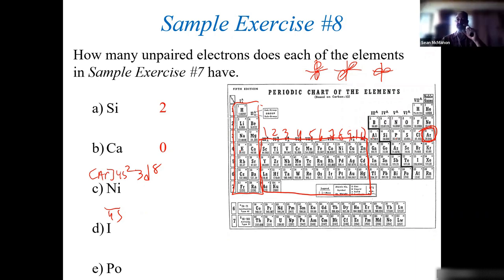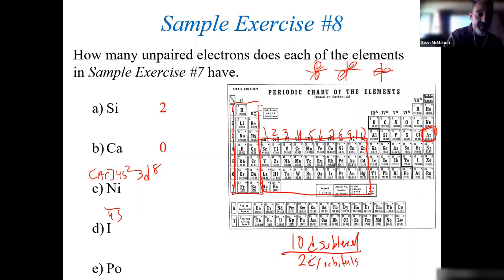So because there's 10 positions, that means 10 electrons can go in the d sublevel, right? But I can only have 2 electrons per orbital. So how many orbitals? 10 divided by 2, 5. So for the d, I would go 1, 2, 3, 4, 5.